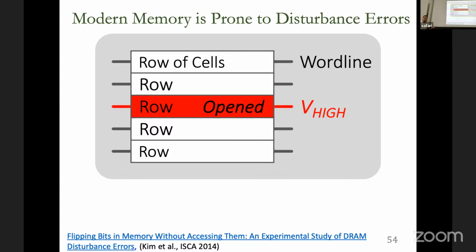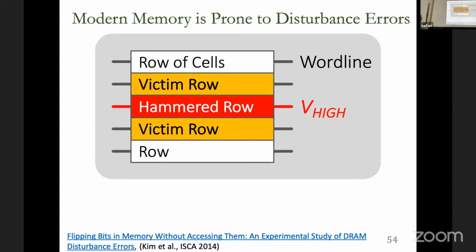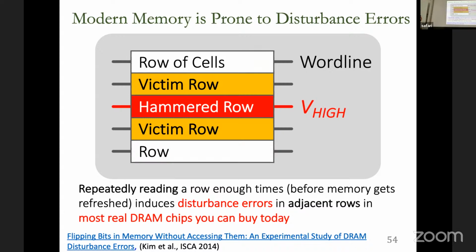So prior works have shown that if you continuously open and close the same row several times, you can generate bit flips in the nearby DRAM rows, and this is called the RowHammer attack.